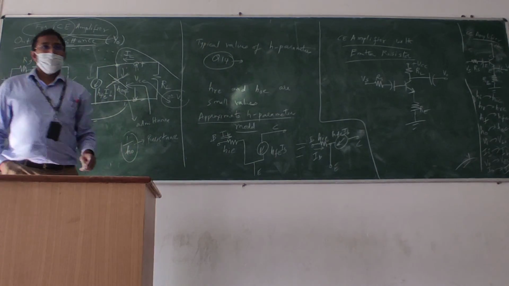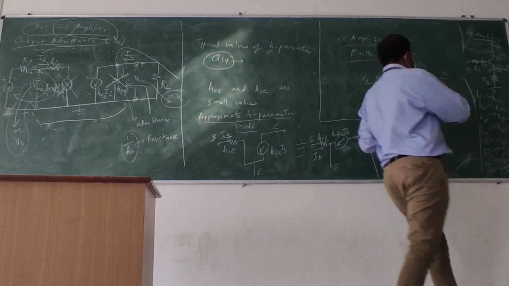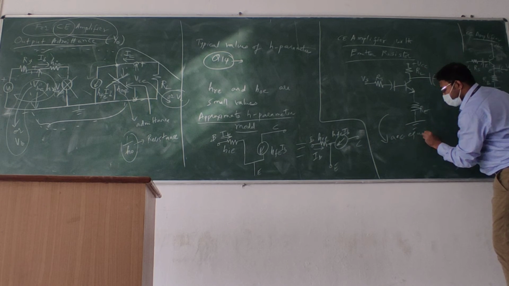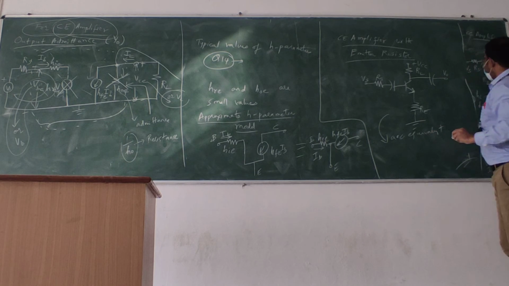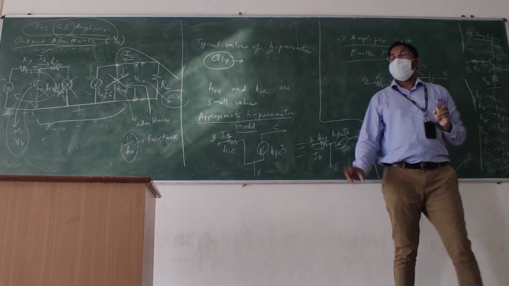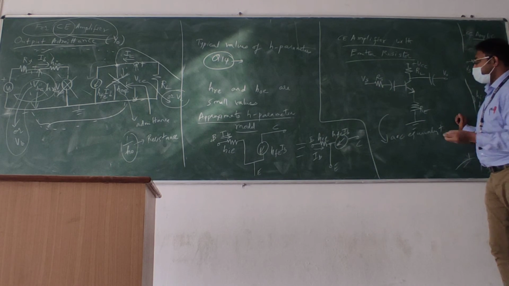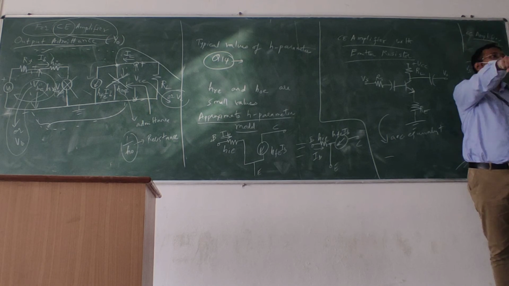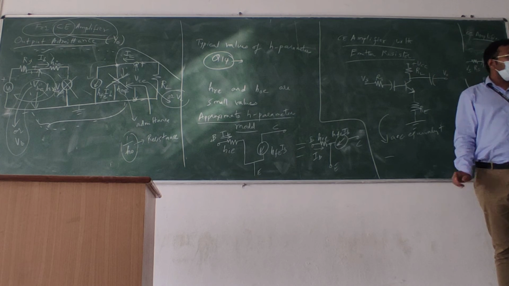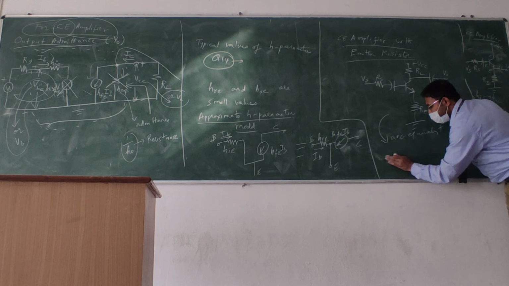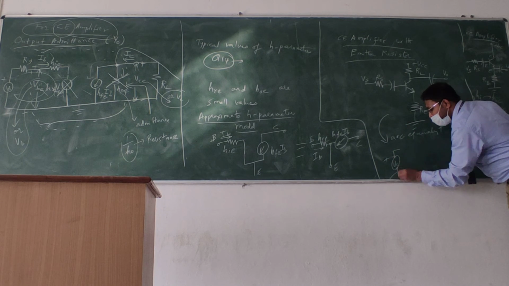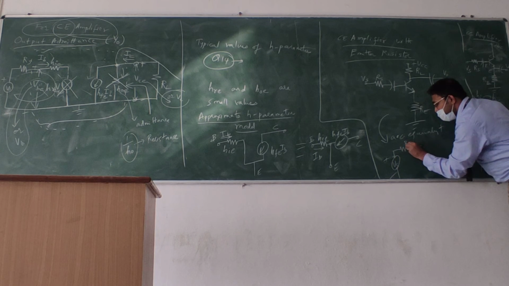So how will you analyze this circuit? You will go for the AC equivalent. Here directly you can understand: collector is grounded, common collector. AC equivalent means only 2 points: capacitor acts as short circuit, and replace VCC with ground. For the input side you have Vs, followed by RS.